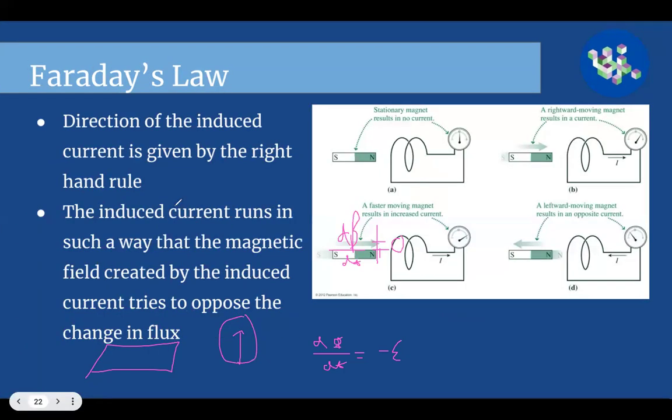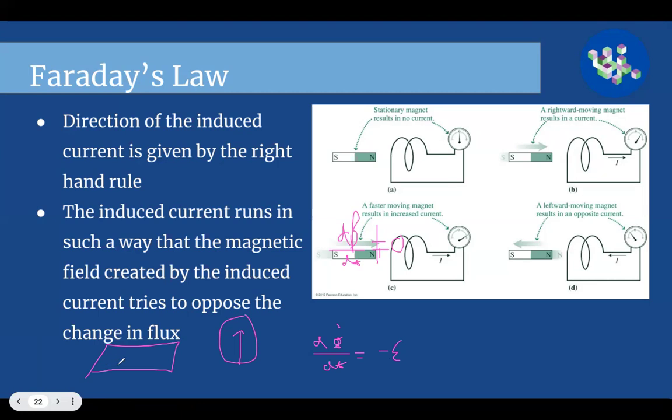The induced current runs in such a way that the magnetic field it creates tries to oppose the change in flux. Right now the flux is increasing, and the direction of the increasing flux is upwards. So the induced current wants to create a magnetic field going downwards, because it wants to oppose the change in flux.